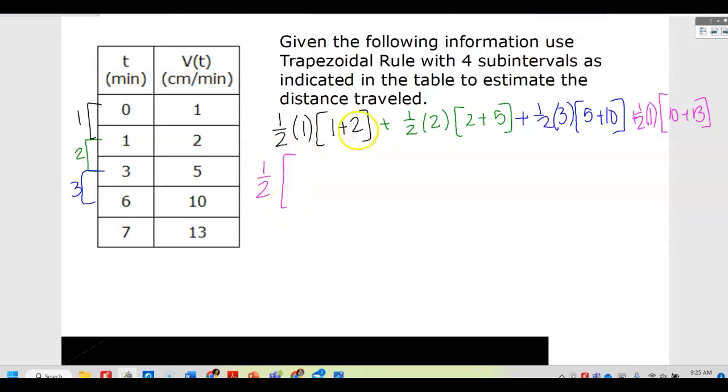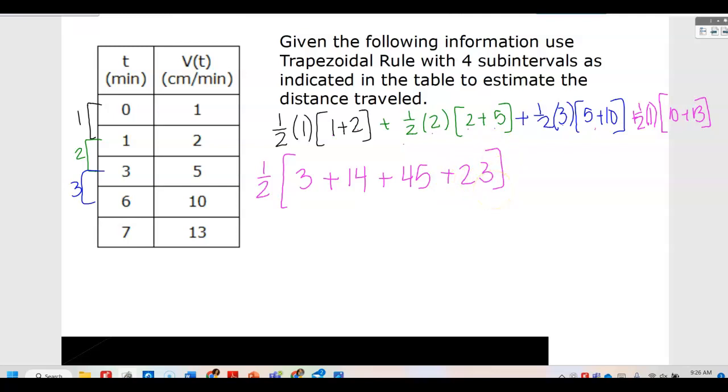So 1 plus 2 is 3 times 1, plus, I took away that half, so 5 plus 2 is 7, 7 times 2 is 14. 5 plus 10 is 15, 15 times 3 is 45, and 10 plus 13 is 23, 23 times 1 is 23.